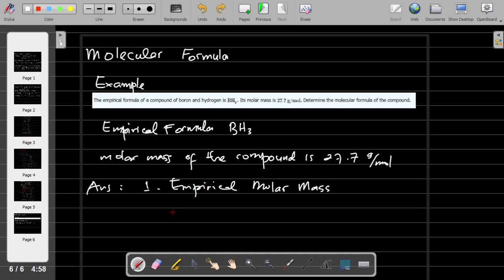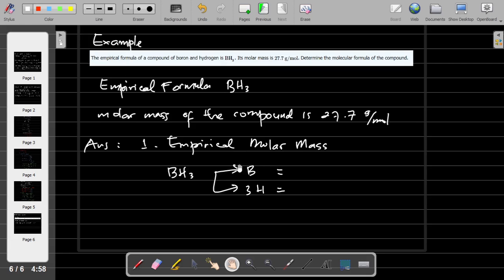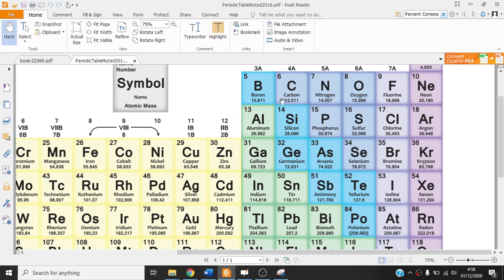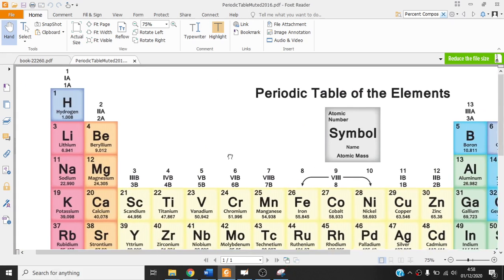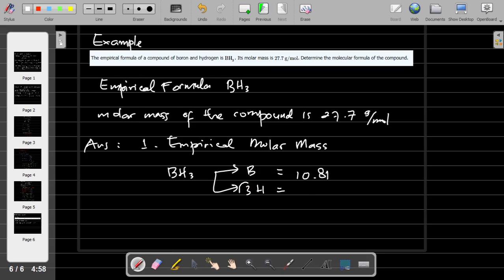We put the empirical formula BH3, which has one B and three H. The molar mass of B is 10.81, and the molar mass of hydrogen is 1.008, but because there are three atoms, we multiply the molar mass of hydrogen by 3: 1.008 times 3, which is 3.024.